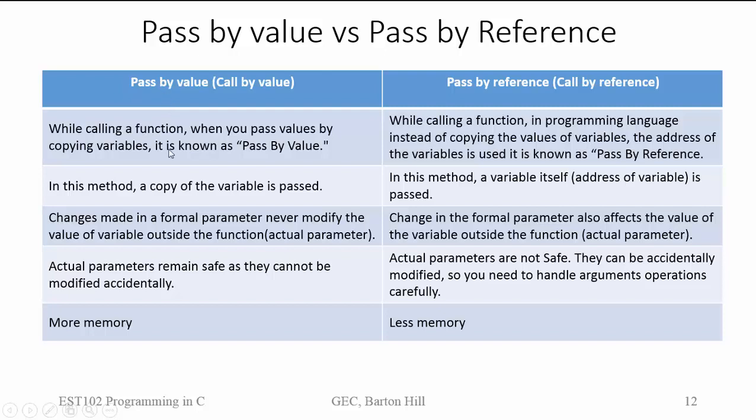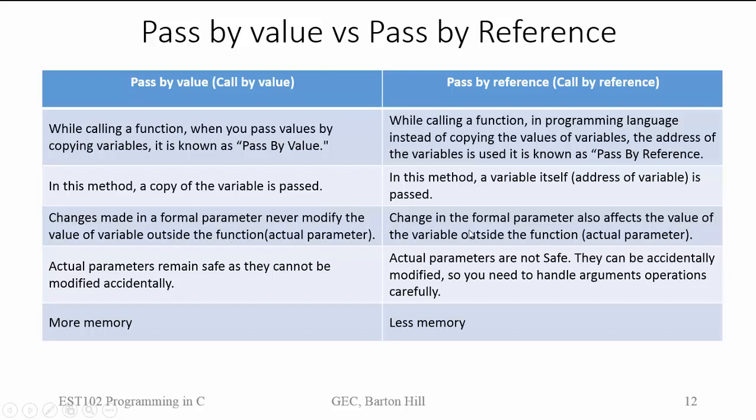In pass by value, while calling the function, we pass the values by copying variables, but in pass by reference we pass the address. Here we use a copy of the actual argument, and in pass by reference we use the address of the variable.